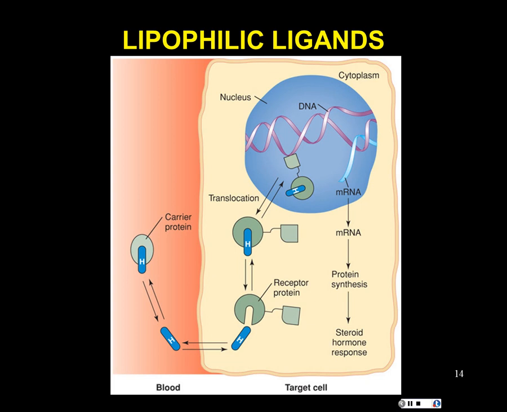And then the receptor and the messenger go together into the nucleus. Okay, so either interaction is feasible, either the cytoplasm or the nucleus. But the net effect is still what? Transcription and translation. But our lipophilic molecules promote protein synthesis.